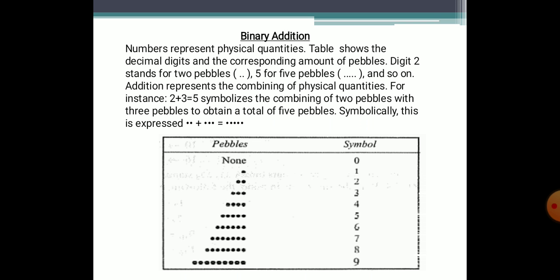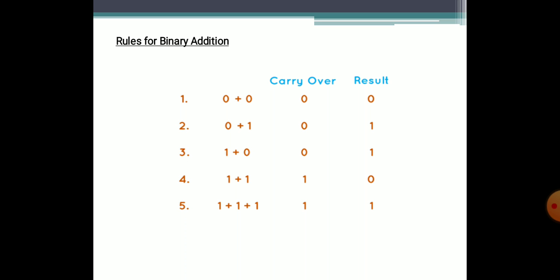In binary numbers, as we said, we use only 2 digits, that is zeros and ones. In a decimal addition, when we add 3 plus 2, we get 5. Similarly, when we add their binary equivalents, we know the binary equivalents of 3 and 2 are 11 base 2 and 10 base 2.